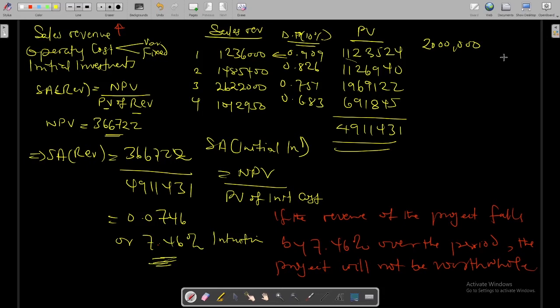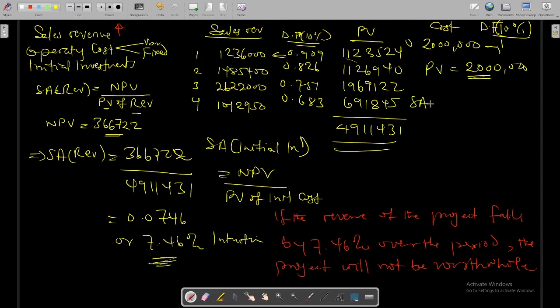The discounting factor of 10% for year 0 will give us 1. Therefore the PV is going to give us 2 million, because 2 million multiplied by 1 gives 2 million.